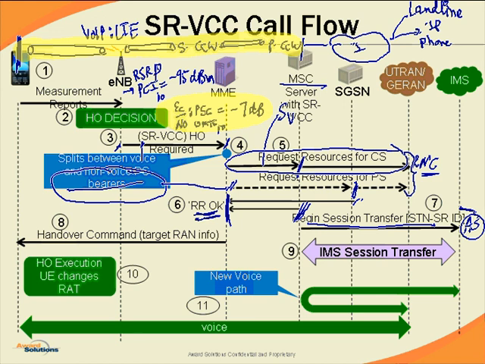Because so far, the application server was in the loop. It was processing all the SIP signaling messages. Now, if the UE goes away to legacy technology and there is no SIP signaling, then we suddenly lose track of the session. Right? So that is the reason MSC is now informing the IMS network that we need to transfer the session from the IMS IP domain into the CS domain. So that's what is happening here.